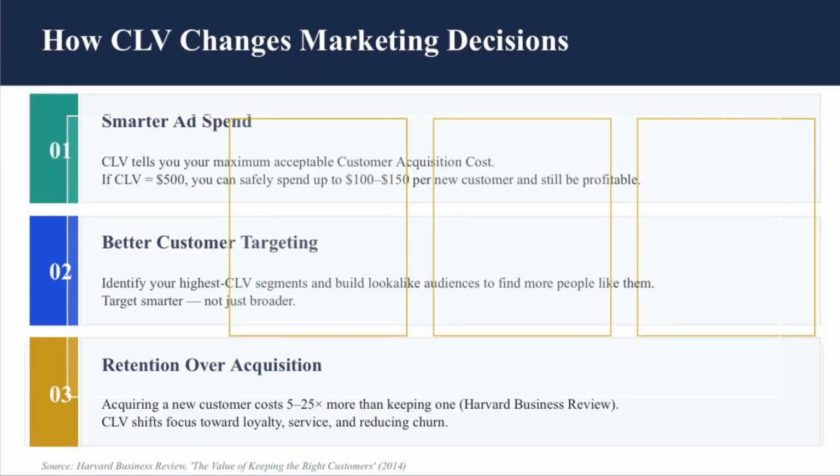Research from the Harvard Business Review shows that acquiring new customers costs 5 to 25 times more than keeping your existing ones. CLV shifts your focus towards loyalty programs, great service, and reducing churn, because holding on to a high value customer is your single most profitable move.